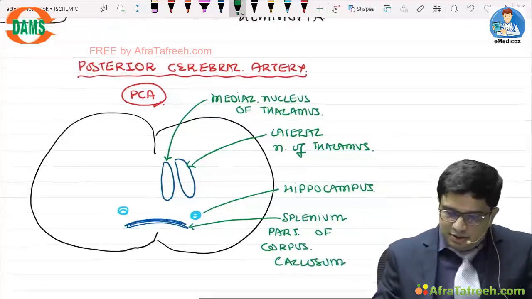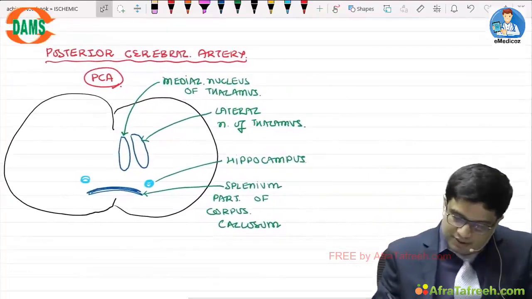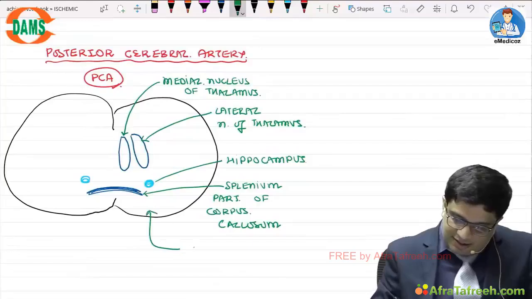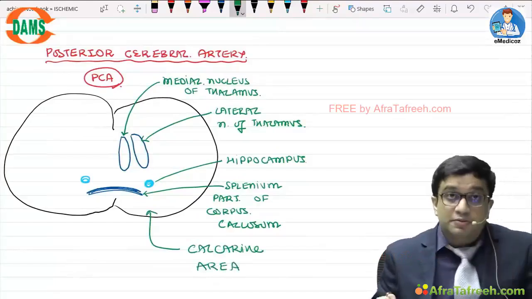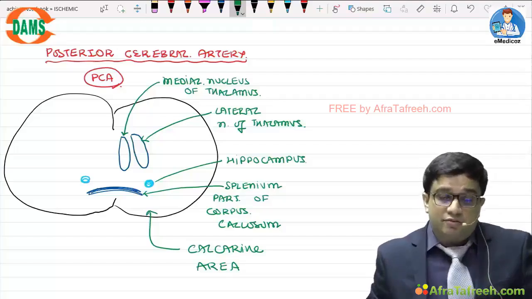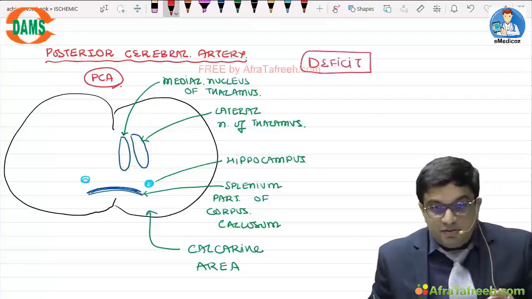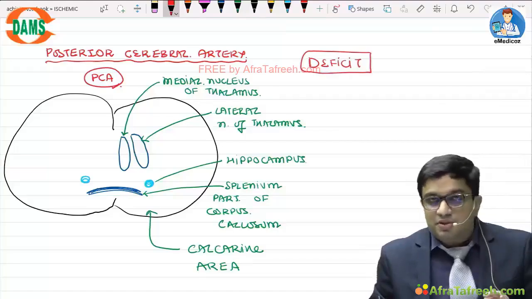And then posteriorly, I'll have the calcarine area, which is nothing but part of the occipital lobe. Okay, so let me chart out the deficit depending on the area involved. If there is a cortical lesion in the PCA territory, the medial nucleus of thalamus, remember, has something to do with the third nerve.